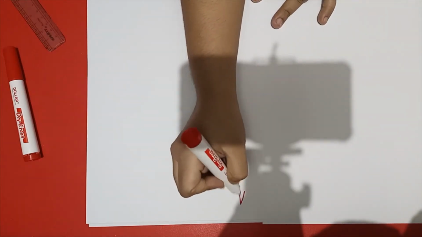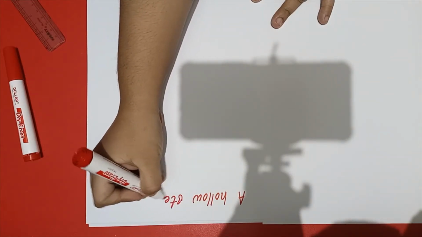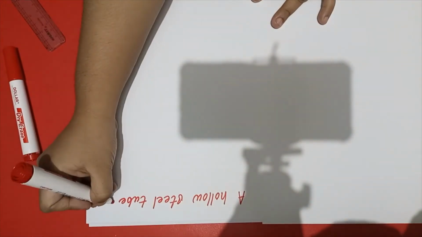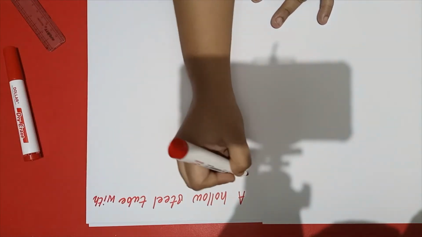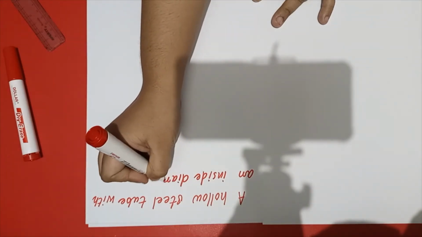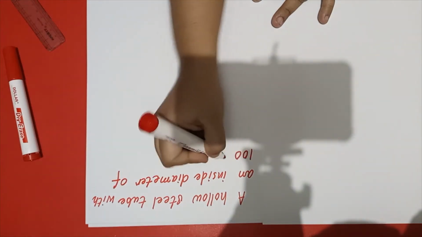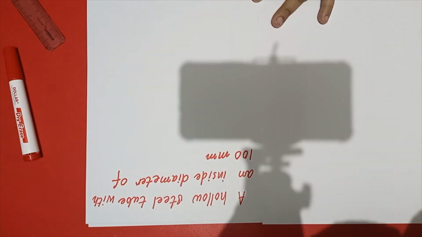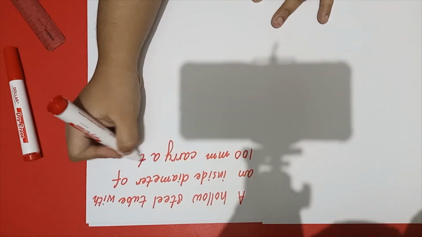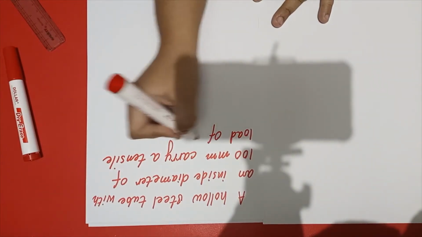A hollow steel tube with an inside diameter of 100 millimeter carry a tensile load of 400 kilonewton.